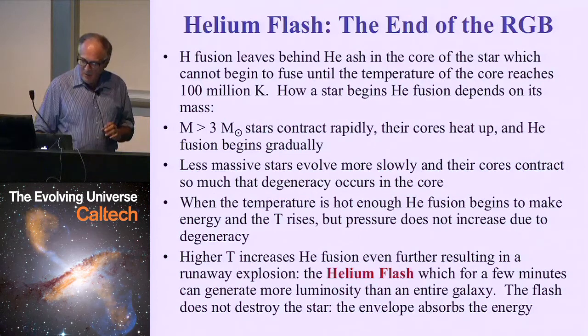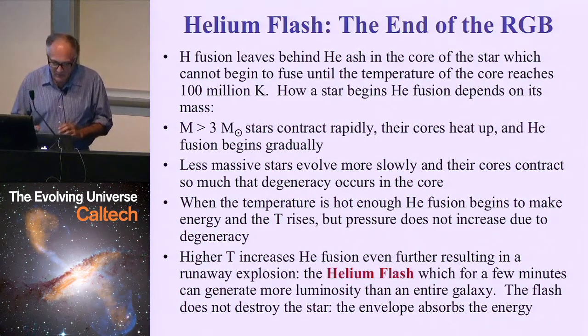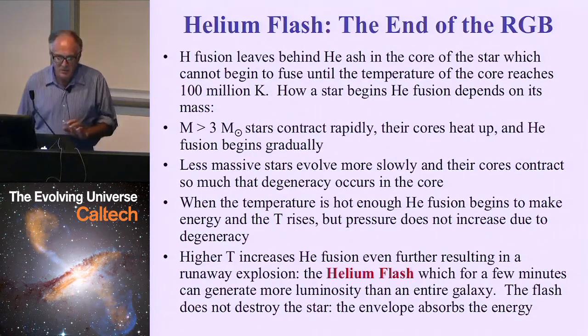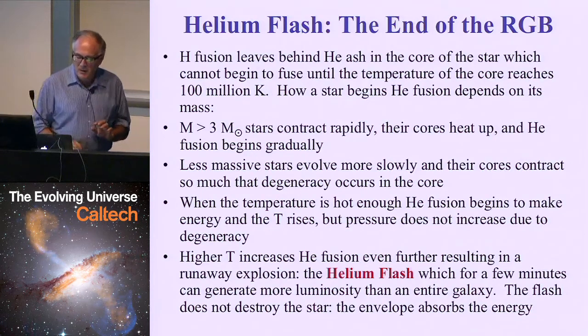Well, how does helium burn? Okay, well, it turns out that stars more than 3 solar masses will then ignite. Less massive stars may or may not actually have a helium flash, may just lose their envelope.